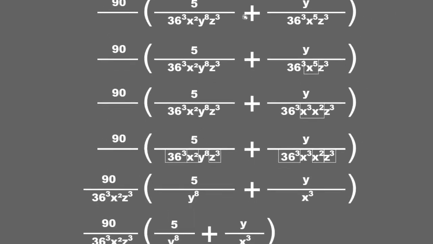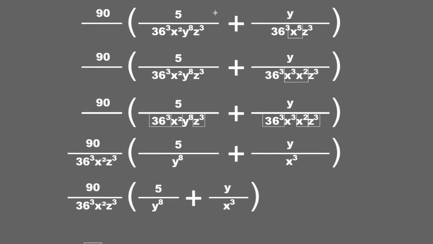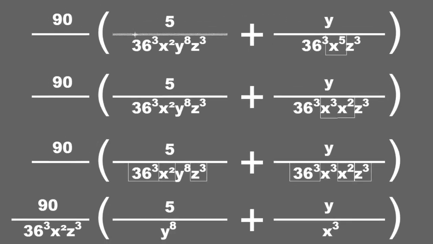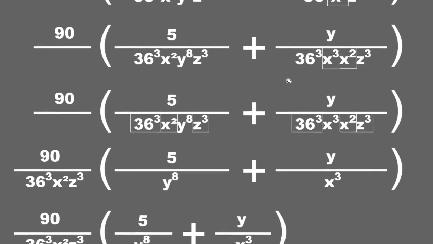Now I am going to work with the denominator. What things can I find that are in common in the denominator of both of these fractions? Well, first, before I do that, I'm going to rewrite x to the power of 5 back into x cubed times x squared. The reason I'm going to do that, you're going to see in the next step.